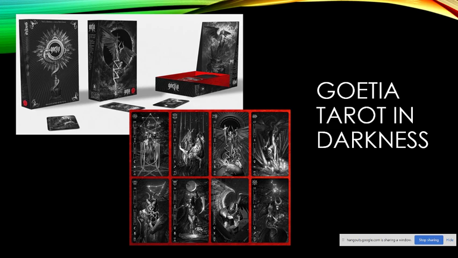I do know that Dr. John Dee created the Enochian alphabet, but I'm not sure that applies to the Goetia, because I think the Goetia uses Hebrew letters and the Enochian alphabet is its own made-up angelic alphabet.